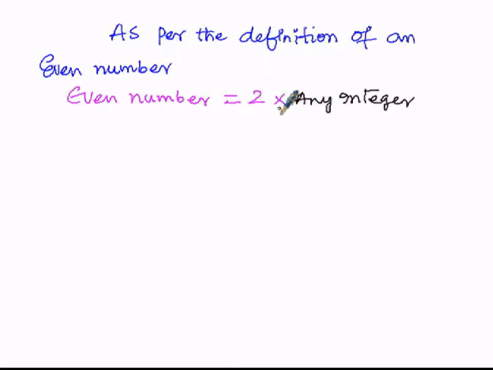So 2 multiplied with any integer will give us an even number.